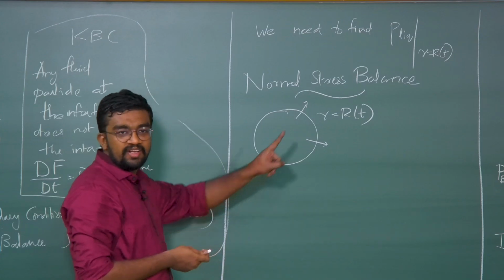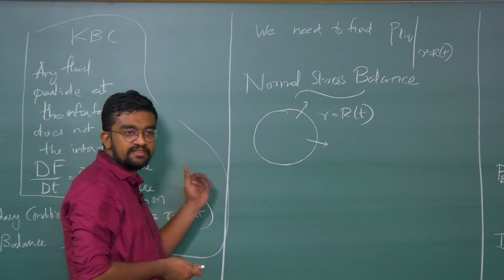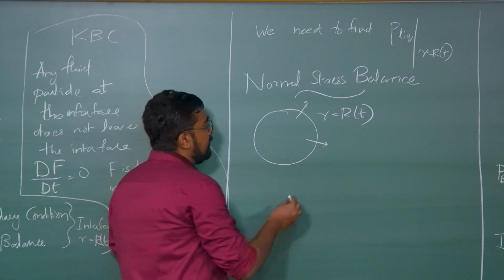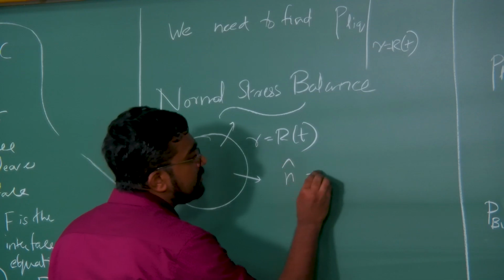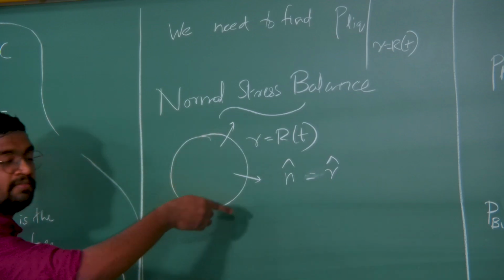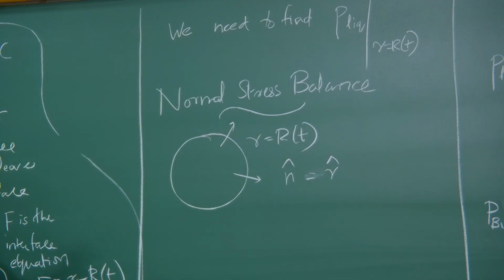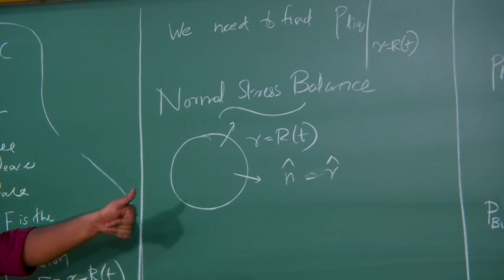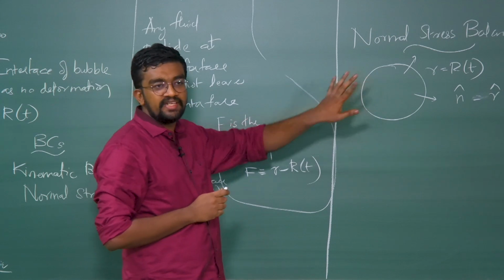The radial component, always small r, because the bubble does not deform, it just changes the radius. So, everywhere at any given time, the radial component is the normal to the interface.